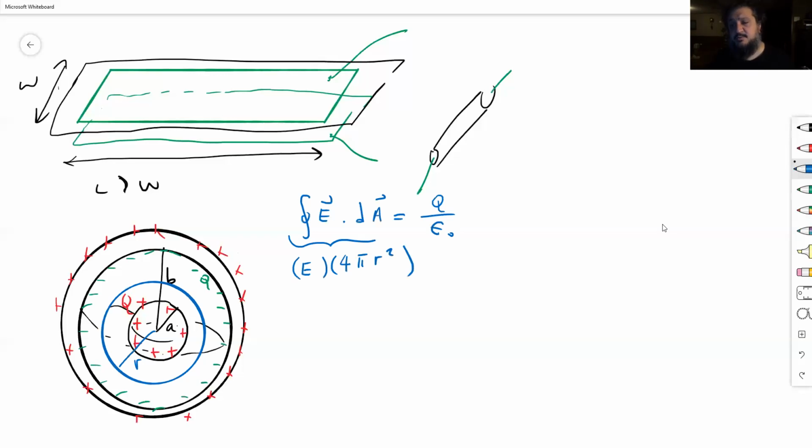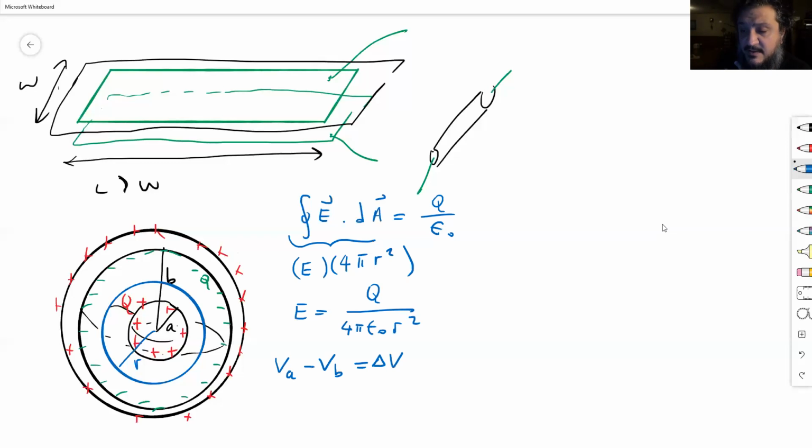So 4 pi r squared times E is equal to Q over epsilon 0. Therefore, the electric field as a function of the radius is Q over 4 pi epsilon 0 r squared, just like a point charge.